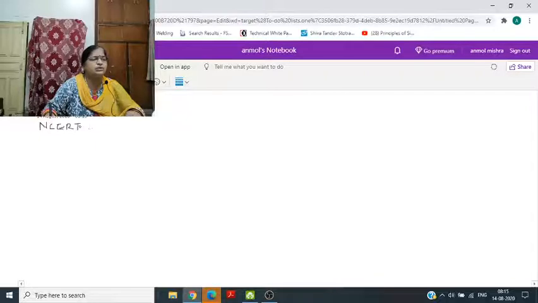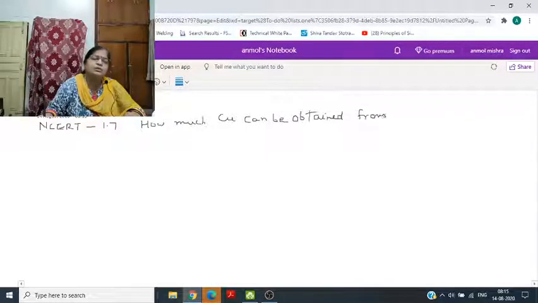It is an NCERT unsolved question, 1.7. How much copper can be obtained from 100 grams of copper sulfate? And atomic mass is given to you.